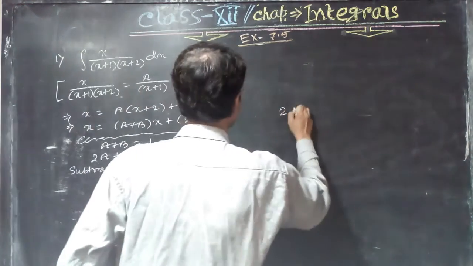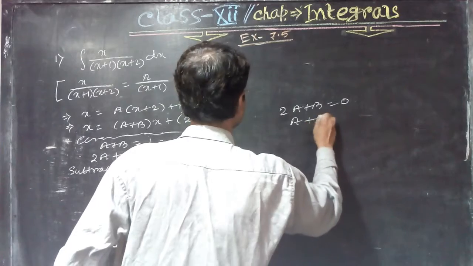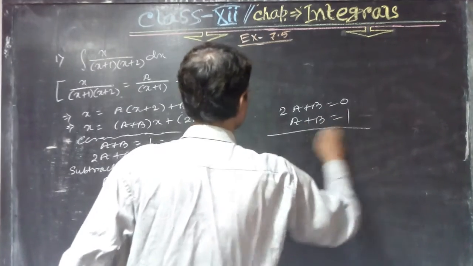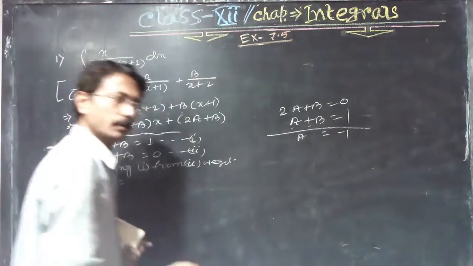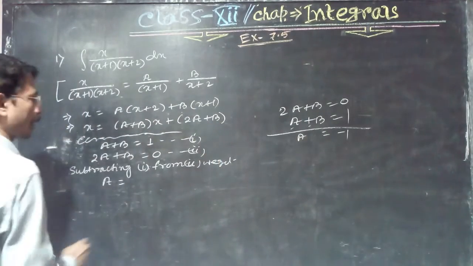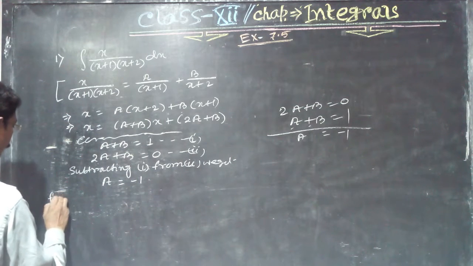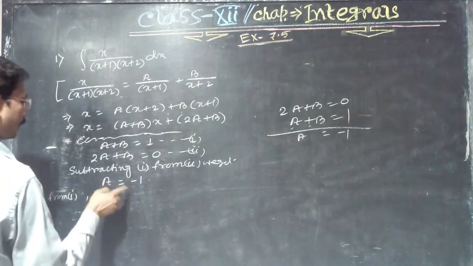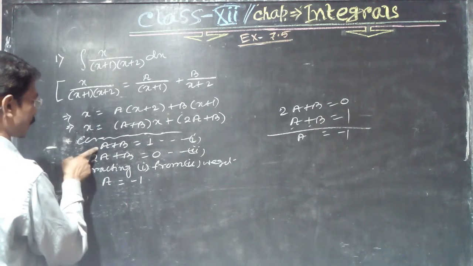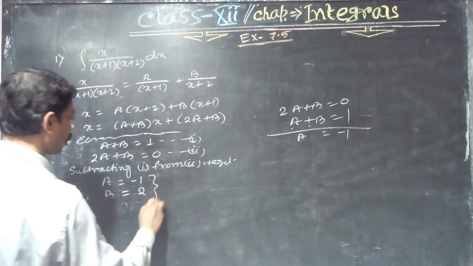In this way, 2a plus b equal to 0, a plus b equal to 1. So by subtracting, a equal to minus 1 you get. Now understand students, so a equal to minus 1 and from 1 we get, if you put a equal to minus 1 then b equal to 2.